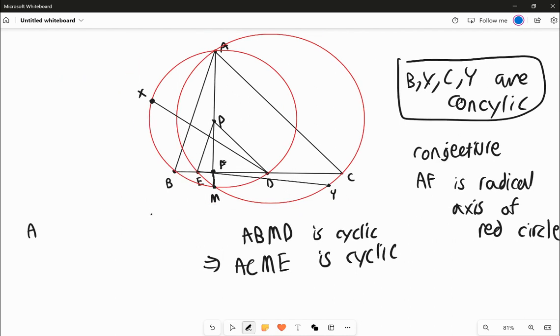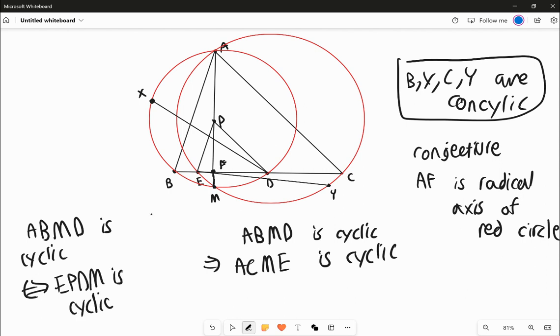So ABMD is cyclic. We want to show that this is equivalent to showing that EPDM is cyclic. And given these parallel lines, we might want to use them to our advantage. So let's try taking advantage of AB and PE.